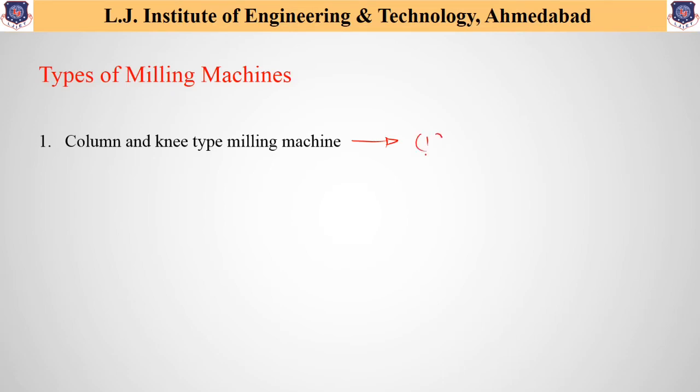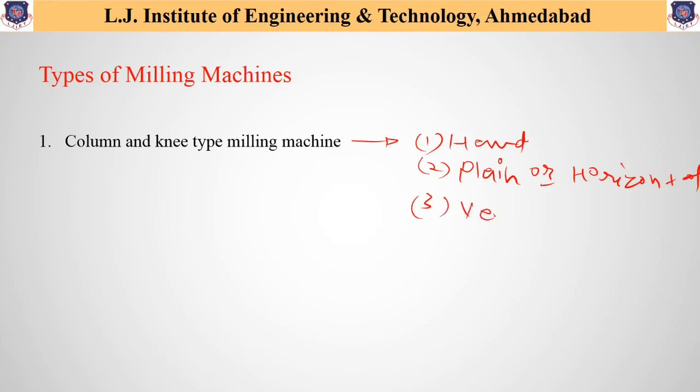in different types of machineries, from which the first one is hand milling machine. Similarly, the second one is plain or horizontal milling machine. Third one is the vertical milling machine.